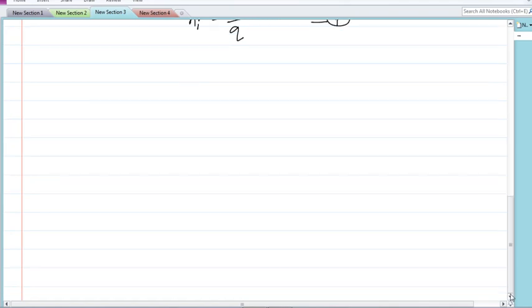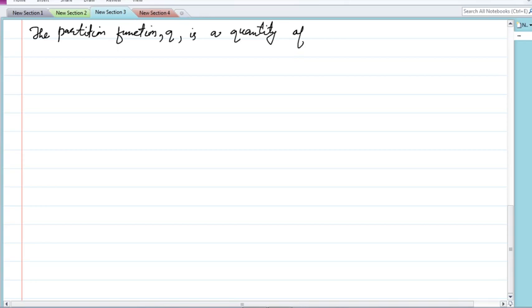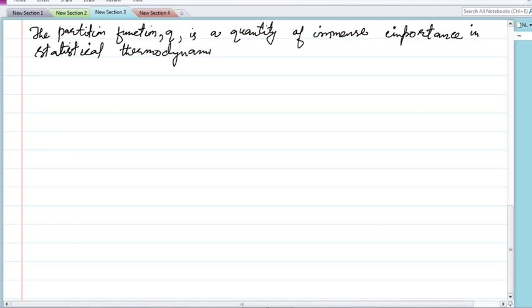Okay. So the partition function which we represented with q is a quantity of immense importance in statistical thermodynamics. Why?